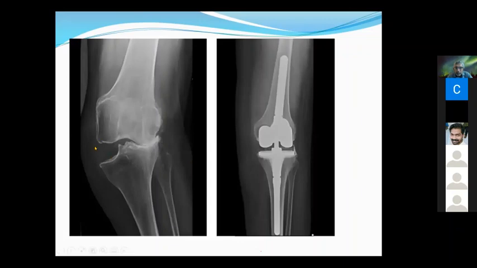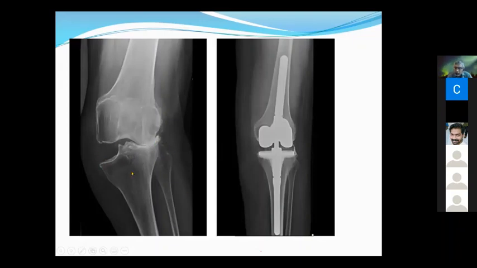Here you have an MCL which is absent, you can see there's a wide opening here. So in all possibility, the MCL is gone, right? So wherever your collaterals are not there, you have no mediolateral stability, right?